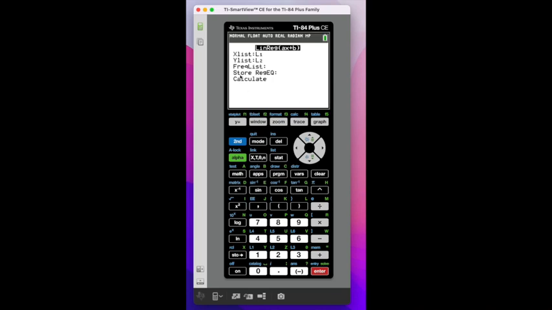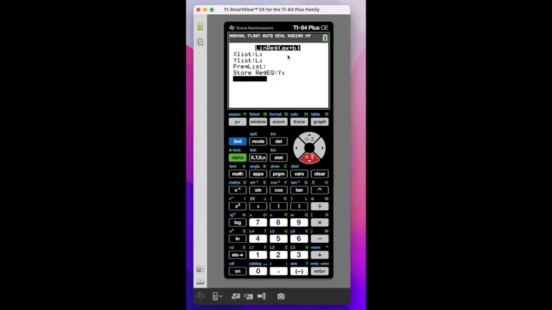Then where it says store regression equation, this isn't mandatory, but it's very, very helpful. If you hit the vars button here and you scroll over to Y bars and you choose function, you can tell it to store your equation in Y1 so that later we can graph it.